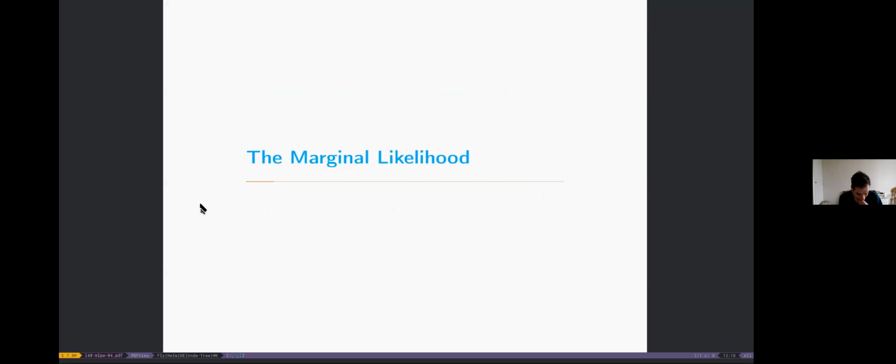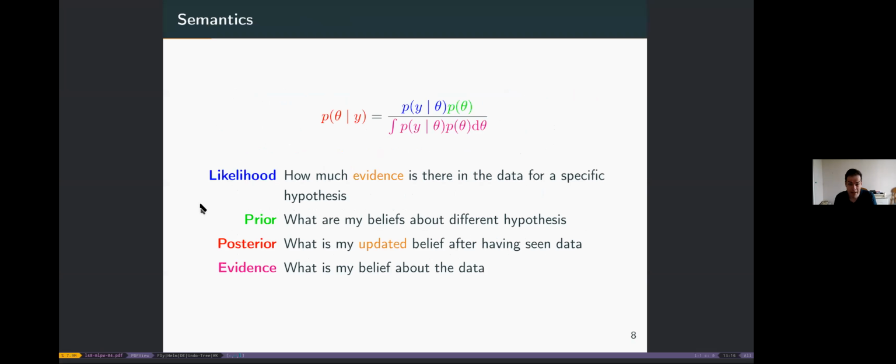So that's GPs. Then there's the next thing that we've kind of avoided talking about that we need to bring up, which leads to the material today. And that is the marginal likelihood. So we showed this slide a couple of times where we said, cool, we got our likelihood, our prior and posterior.